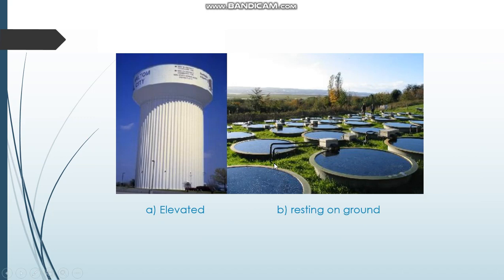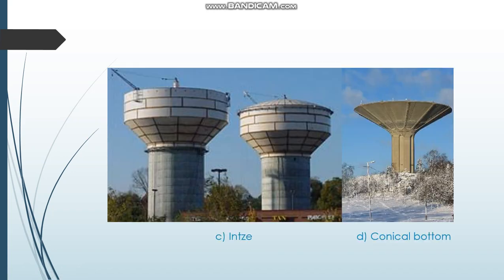So this picture represents elevated water tank and second one is water tank resting on ground. Third one is Intze water tank. So when larger diameter of water tanks are used, then for economical purposes we should have to reduce the diameter of water tank.